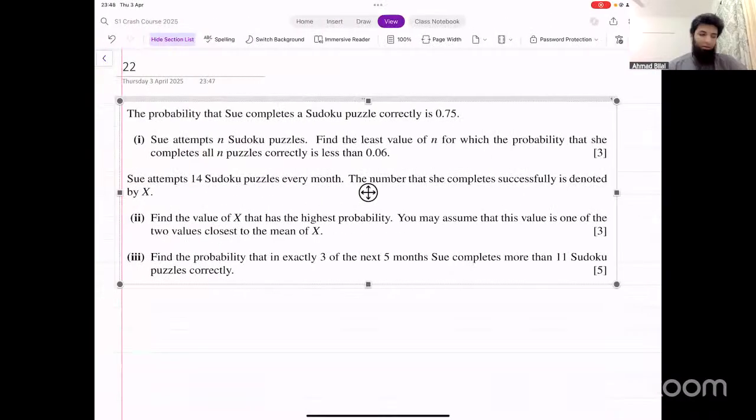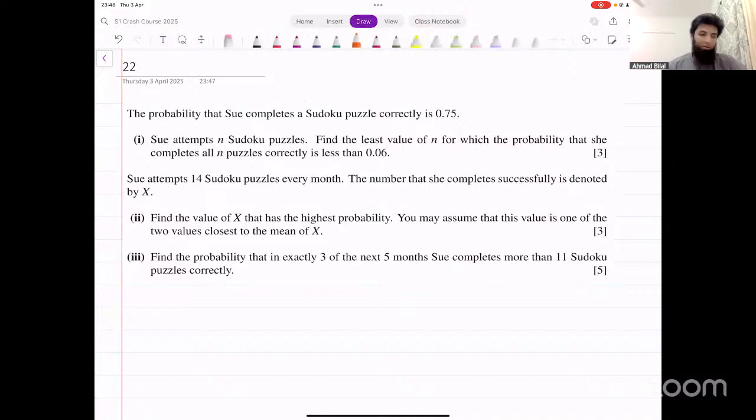Question number 22 from the worksheet. It says, the probability that Sue completes a Sudoku puzzle correctly is 0.75. Sue completes n Sudoku puzzles. Find the least value of n for which the probability that she completes all n puzzles correctly is less than 0.06.